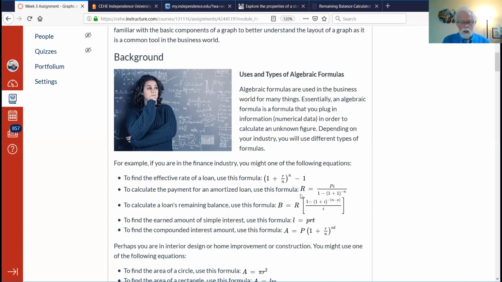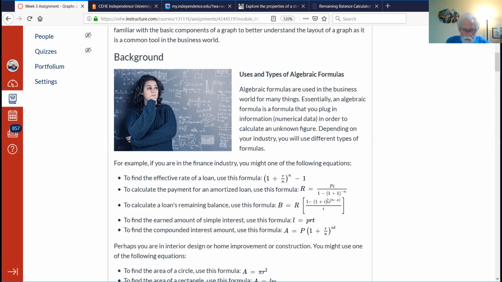This R means payment, and this P is the principal, the amount you start with. So if you have a $50,000 loan, P is the principal. So that is the payment. There are lots of ways of showing this. We'll go back to the worksheet in a minute.